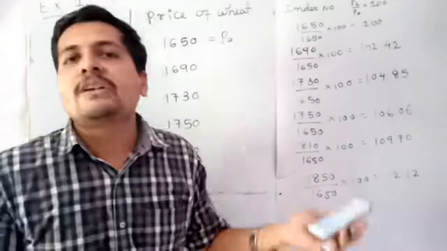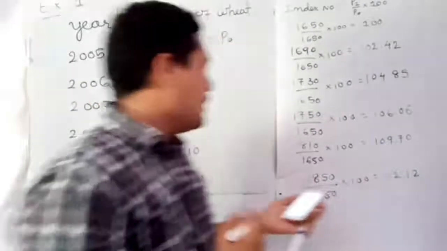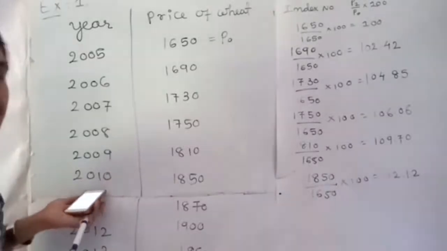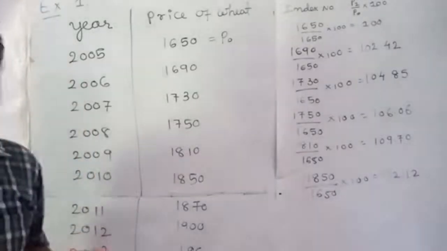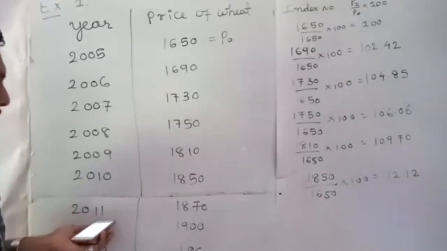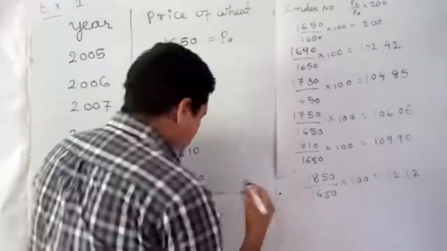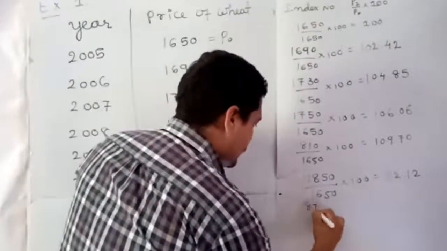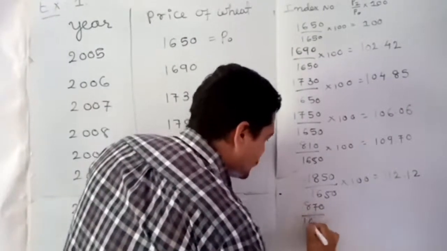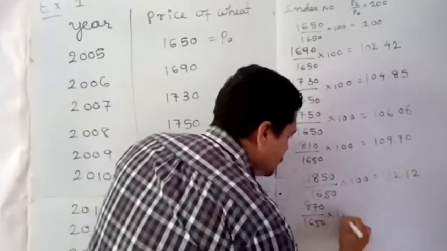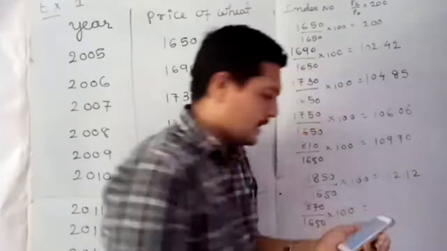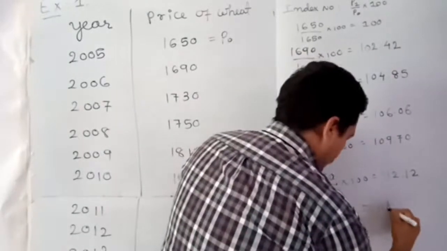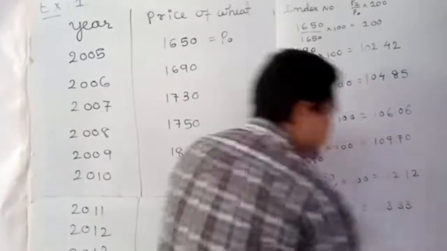So 112.12 is the price index number for year 2010 compared to 2005. After that, for year 2011, we take the ratio of 1870 divided by 1650 into 100, and we get the answer 113.33.